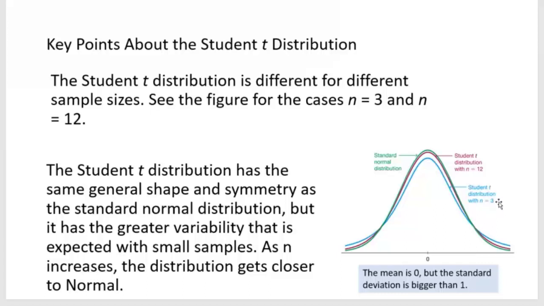As we get more and more things included in the study, so as n increases, this hill gets brought up higher in the middle and lower on the edges. And so as n gets bigger, the whole thing starts to look more like the normal one.